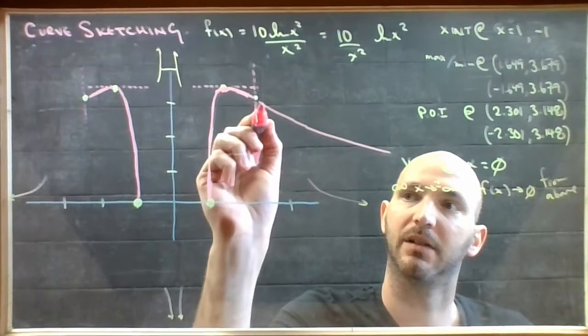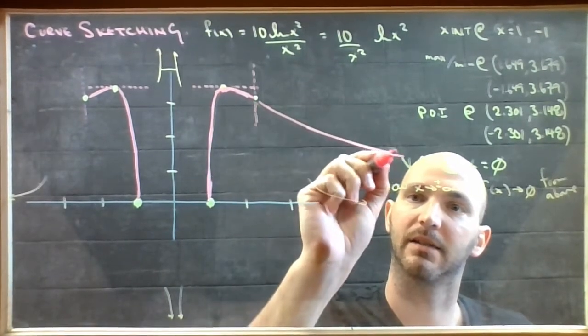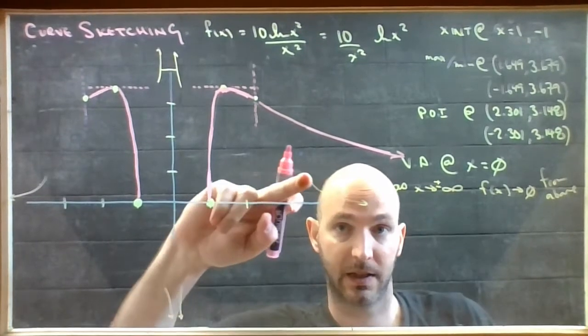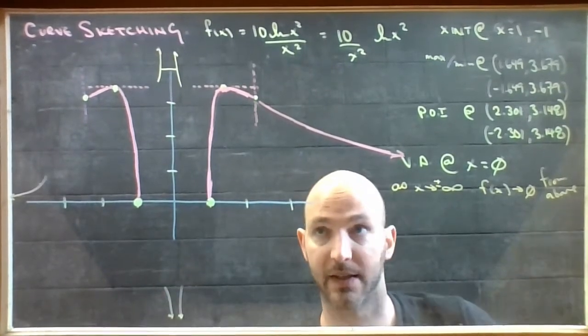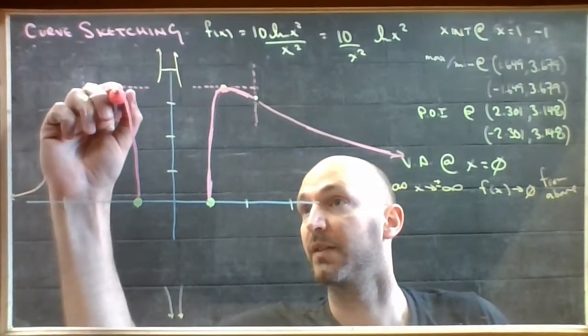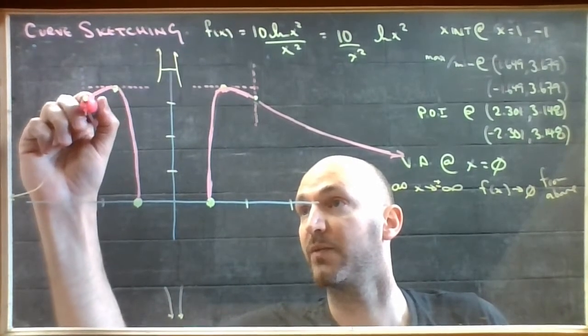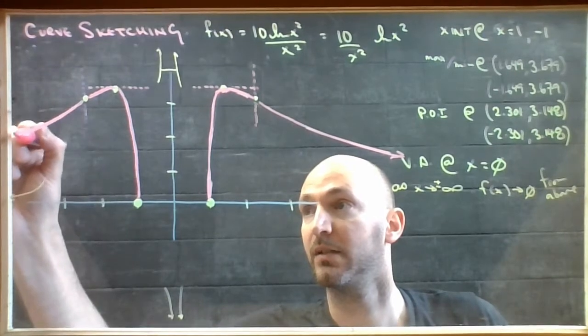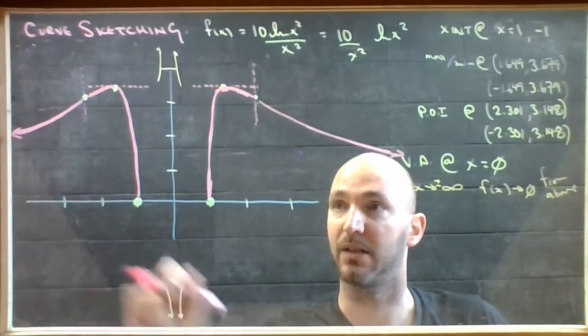So I'm going to draw it going like this. And you can see it settling down onto the x-axis. So I have satisfied this end behavior. The same thing on this side, curved down before the point of inflection and then curved up on the other side of it. Has satisfied that end behavior.